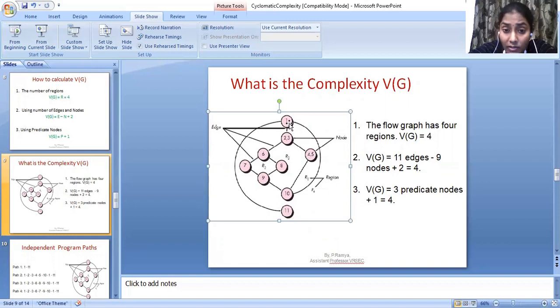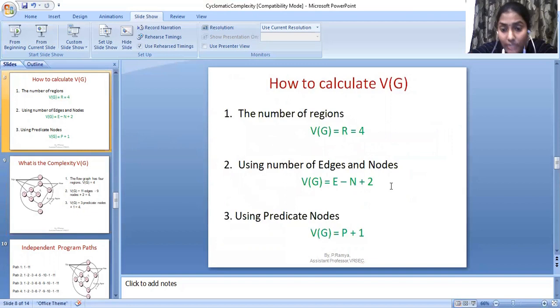And how many nodes are there? 1, 2. Here see, 2 and 3 will be considered as a single node. 1, 2, 3, 4, 5, 6, 7, 8 and 9. So there are 9 nodes. So what is our formula? Edges minus nodes plus 2 is our formula.